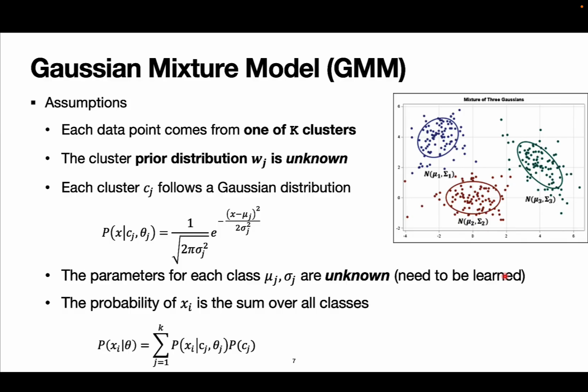To summarize, it looks like there are two things we need to learn from the data. First, for each cluster, we need to estimate its mean and deviation. Second, the probability of soft clustering. In other words, how likely is it that a randomly chosen data point was generated by that Gaussian?